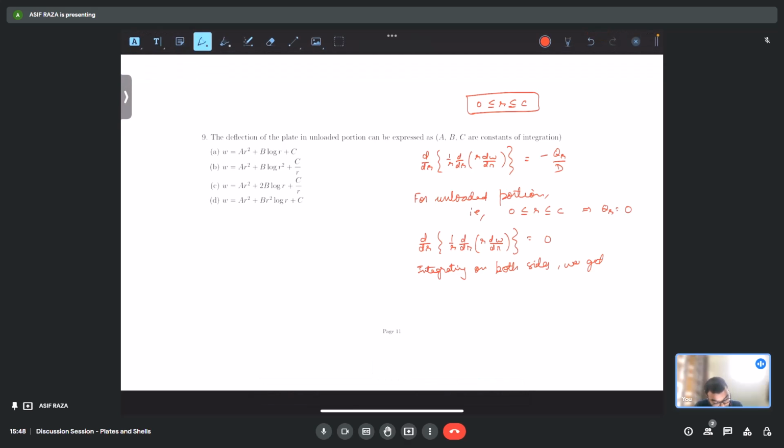We get 1 by r d by dr of r dw by dr as some constant. Let me write it as c1. So this becomes d by dr of r dw by dr as c1 r. Now again integrating on both sides.